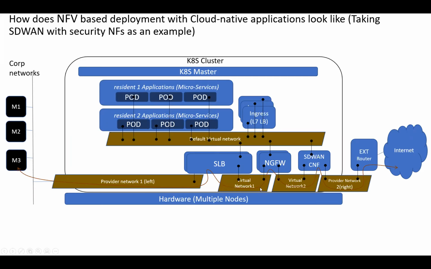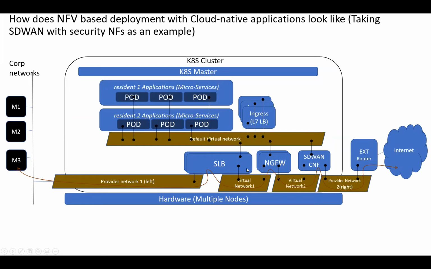Okay, the SLB and the next gen firewall, are these pods? Yes, those are pods. This is the logical communication path, as simple as that: you have a subnet defined here, and the gateway for this interface would be the left or right network of your next gen firewall. Okay, understood. Thanks.